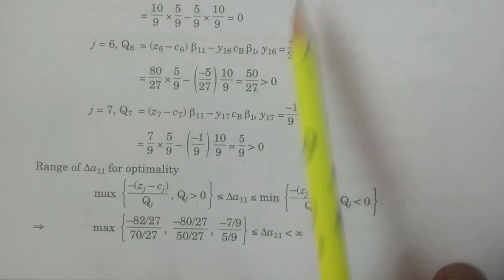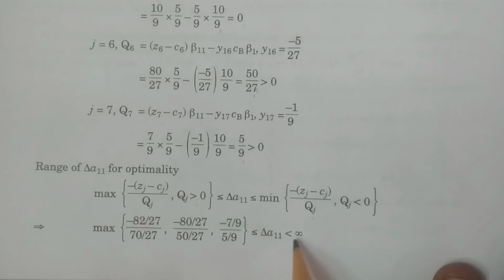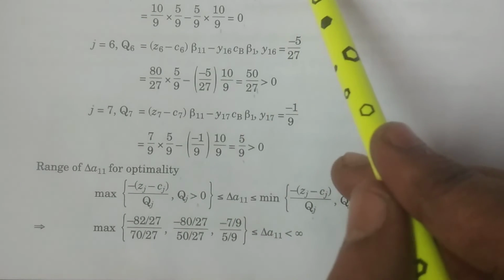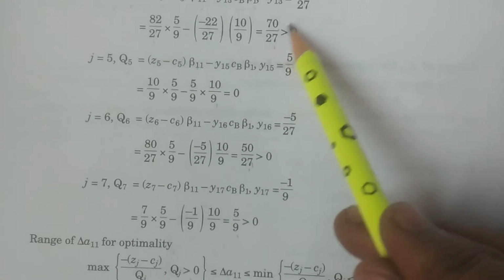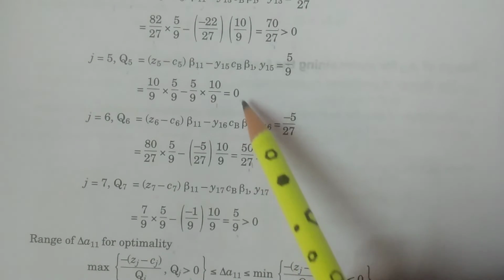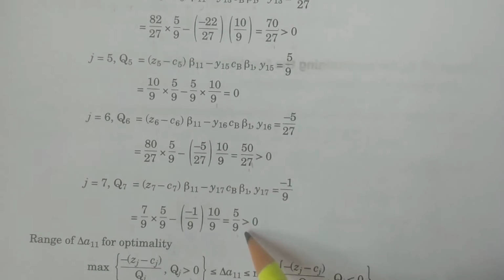There is no Qj less than 0 value here, therefore on the right side the value is infinity. This is the upper limit. And for the maximum of minus Zj minus Cj by Qj, for Qj greater than 0, there are three values which are greater than 0: 70 by 27, which is Q3, then 0, and then 50 by 27 and 5 by 9.